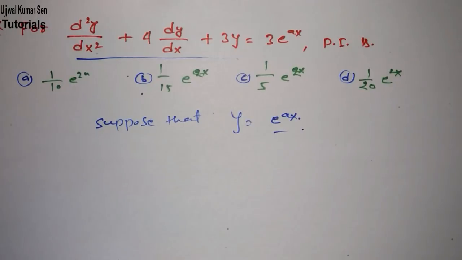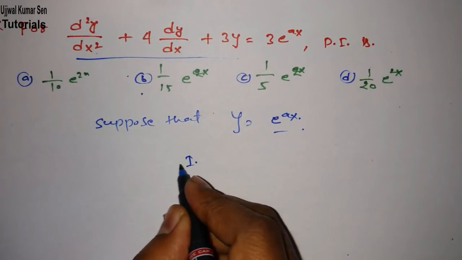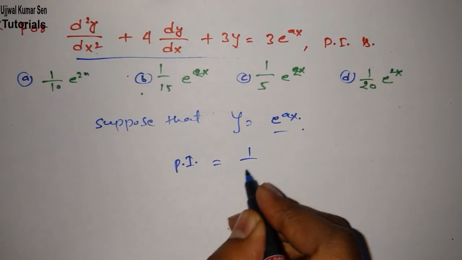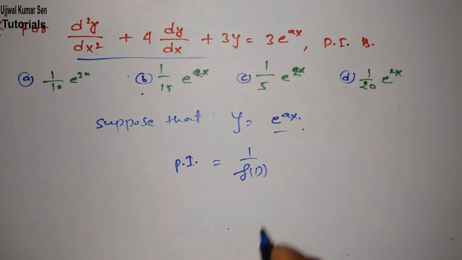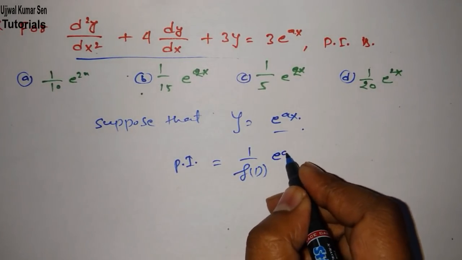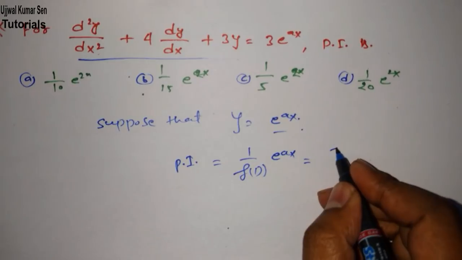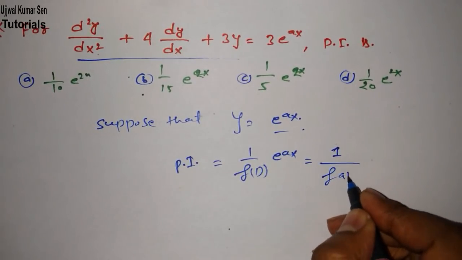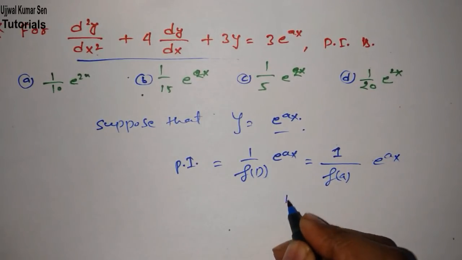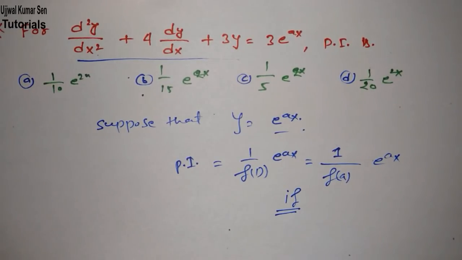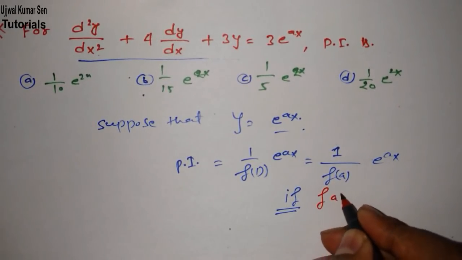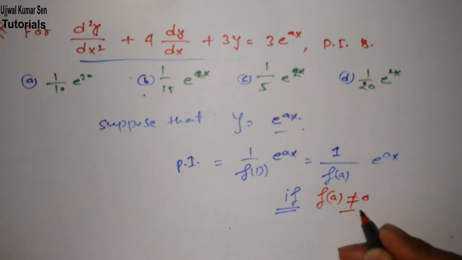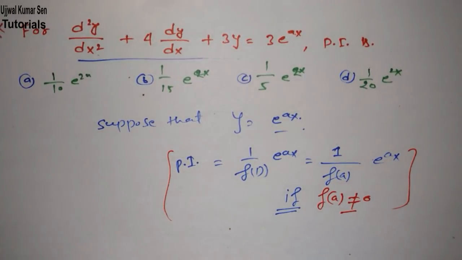In that case, what we can do in case of particular integral is equal to 1 by f(D) e to the power ax, and also we can write this as 1 by f(a) e to the power ax, if, this is important, if f(a) is not equal to 0, then only we can write this.